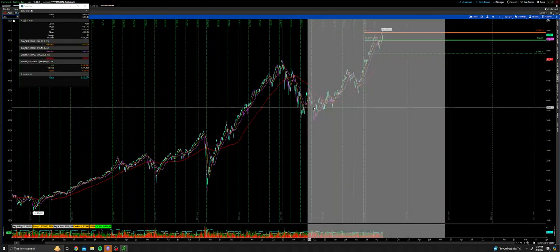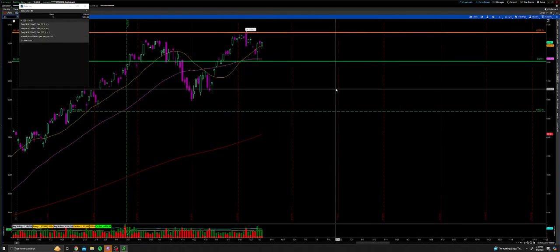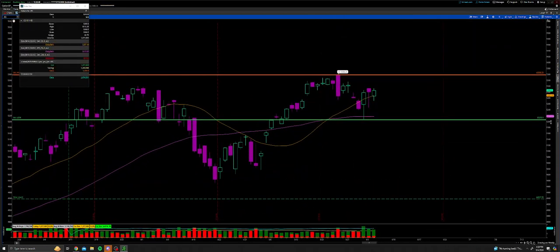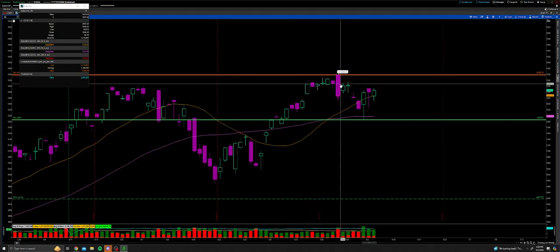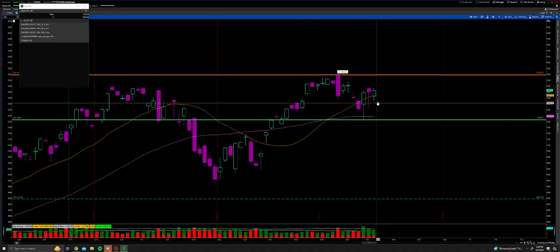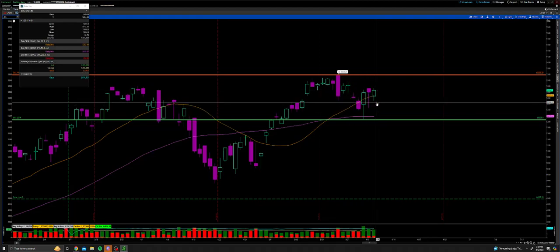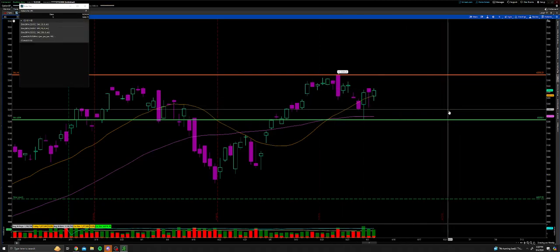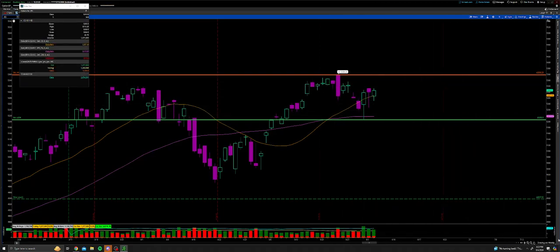Now let's look at our daily. Here's the daily within that weekly balance. We were in a multi-day balance up here and broke out of it to the downside. We've come back into a balance on the daily, but so far just bouncing around inside of this weekly balance range.